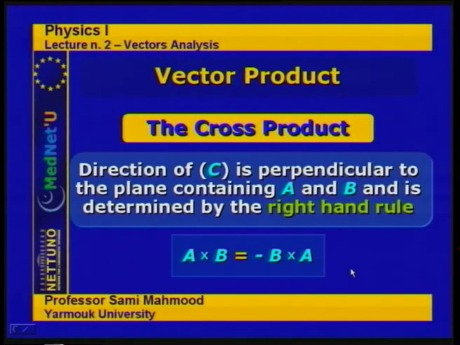A cross B equals minus B cross A. And this is a straightforward consequence of the right-hand rule for determining the direction of the cross product.